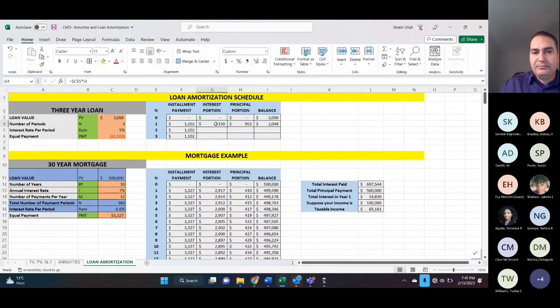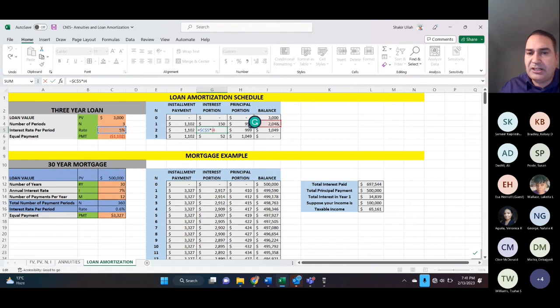All right. And when you select this whole row and drag it down, it populates, and it does the calculations correctly. Let's look at the second year interest. That second year interest is again 5% of the previous balance.